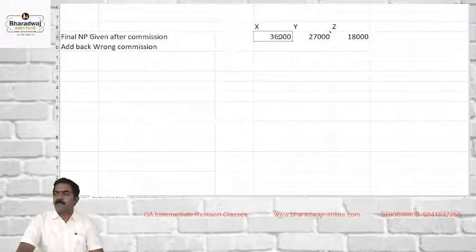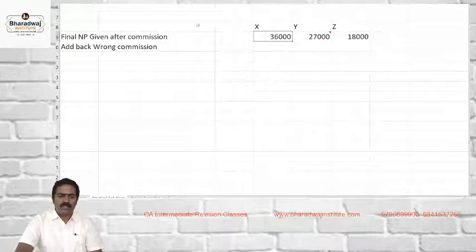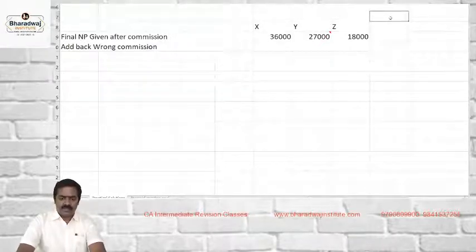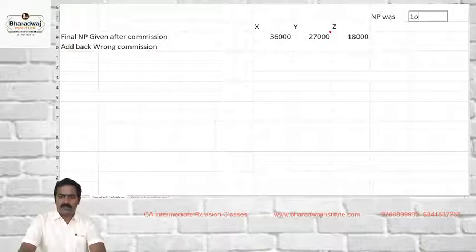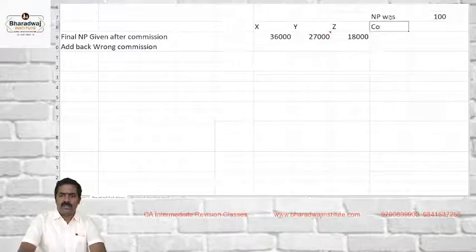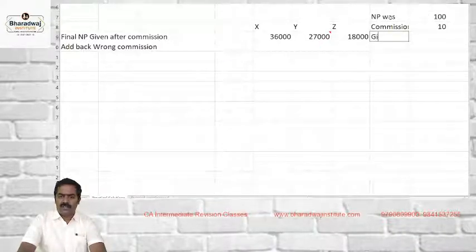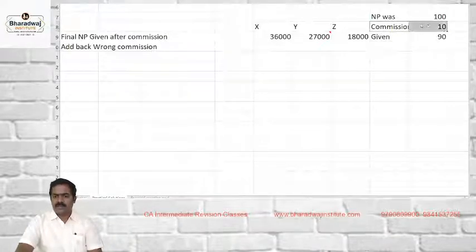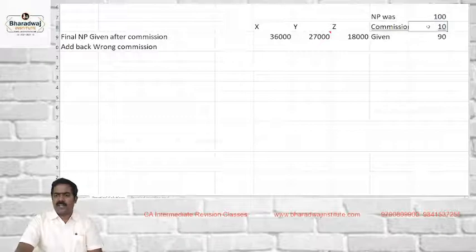Will you take this into 10%? No, listen. If net profit was 100, they worked out commission, 10. Then 90 is given. If net profit was 100, they eliminated commission 10 and they've given 90.